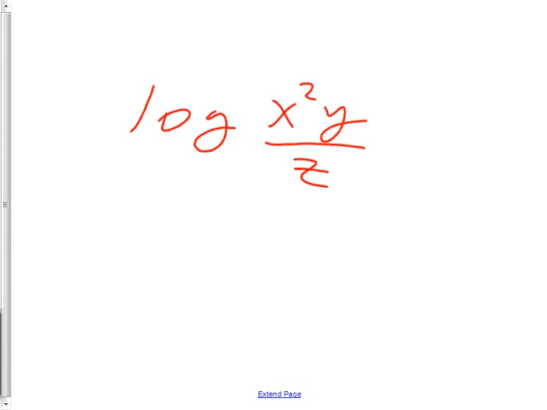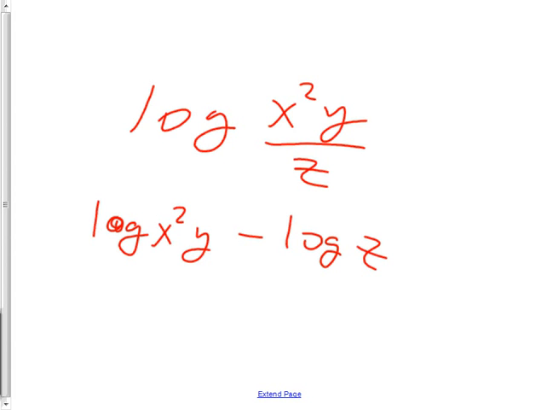All right, your first thought should have been that you can actually do it 2 different ways. I'm going to take this divide off of here, and I'm going to make it log x squared y, and instead of divide, remember how I can make that a subtract? Log c. I got the divide out of there and made it a subtract.